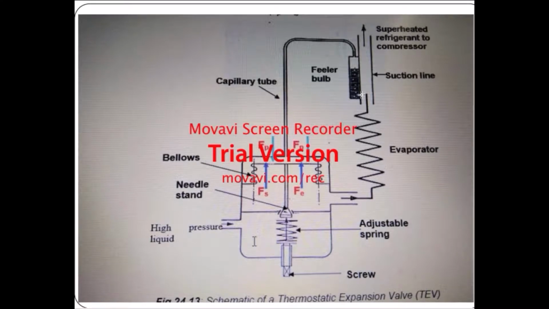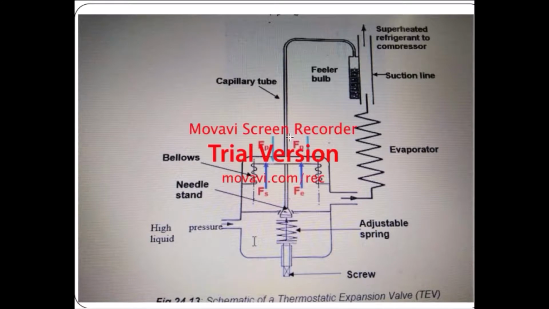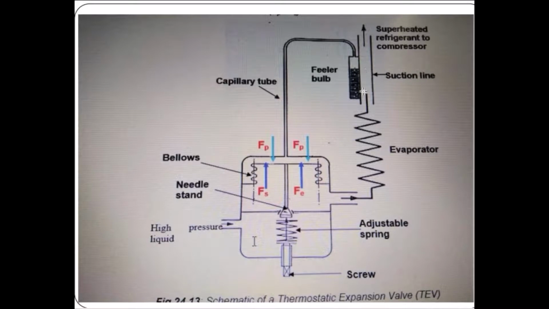Okay, what the capillary tube does is control the temperature output from the valve. So what happens? The temperature here will control the resistance. If the temperature is higher, it will affect this diaphragm.